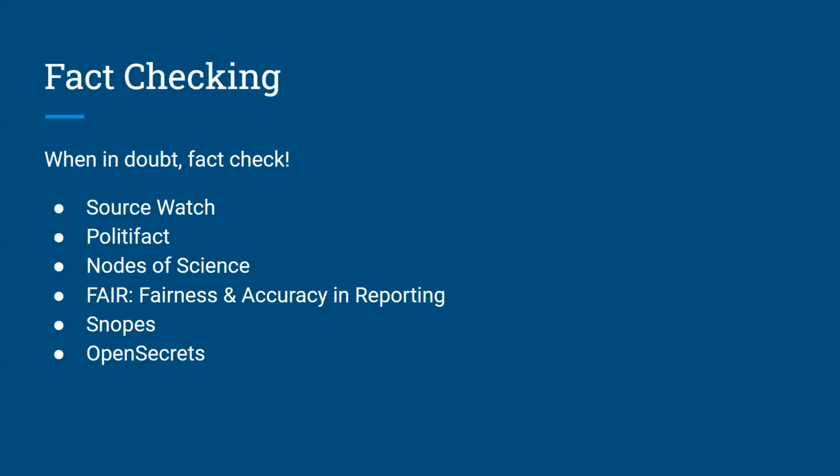In addition to doing your own, you can also make use of different fact-checking sites. Some of the ones that are well known are SourceWatch, PolitiFact, Nodes of Science, FAIR, Fairness and Accuracy in Reporting, Snopes, and Open Secrets.